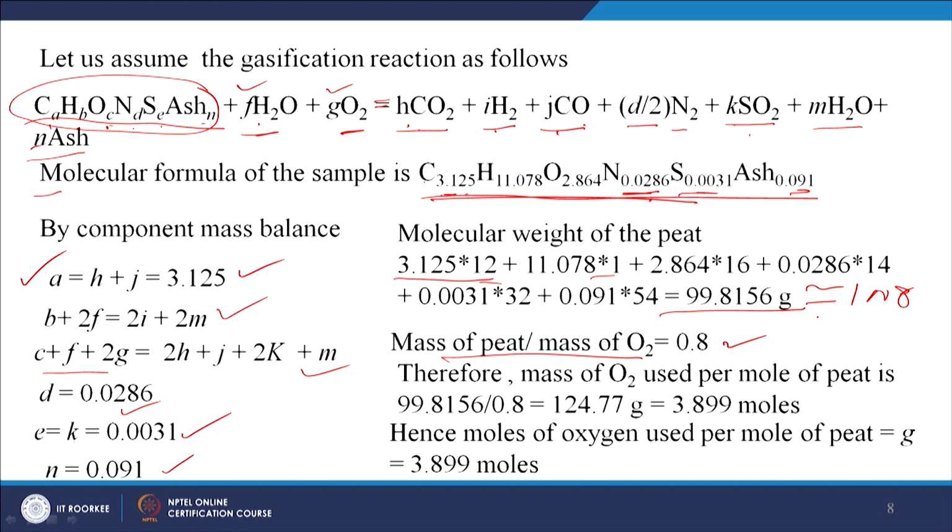Then mass of oxygen used per mole of peat is equal to 99.8156 into 0.8 gram, that is 124.77 divided by 32, so it will come to 3.899 moles. Hence, moles of oxygen used per mole of peat is 3.899 moles.